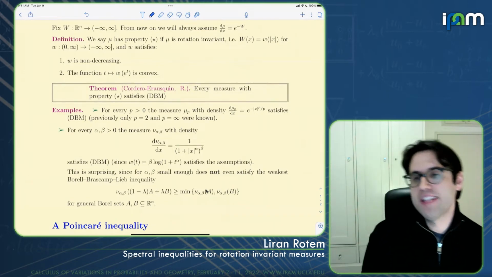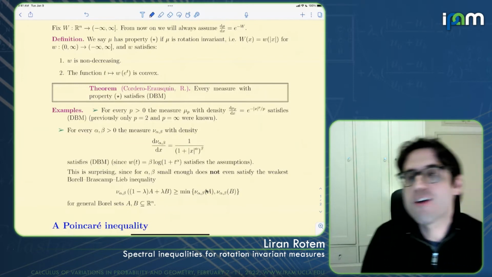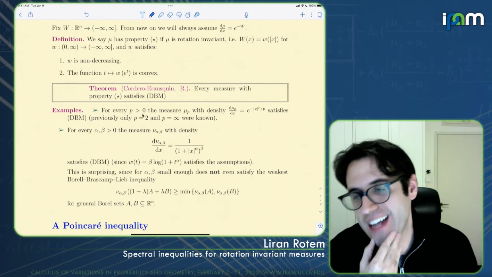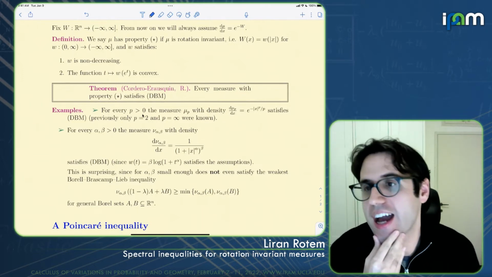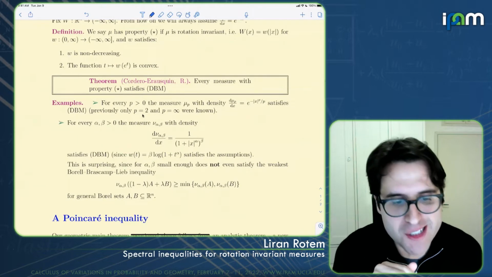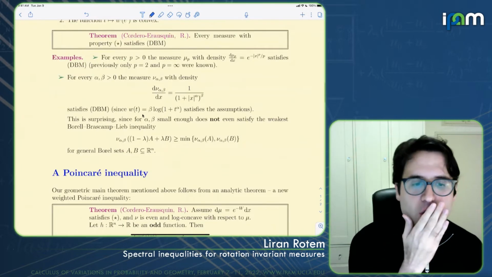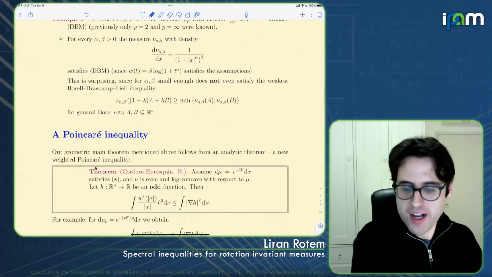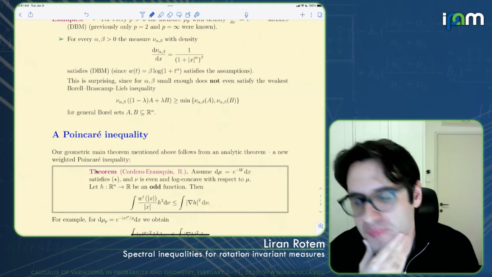I promised you in the title of this talk, spectral inequalities. So I want to talk a little bit about how this geometric result follows from a Poincaré type inequality. Of course, if there are any questions, feel free to stop. So here is the Poincaré type inequality improved.